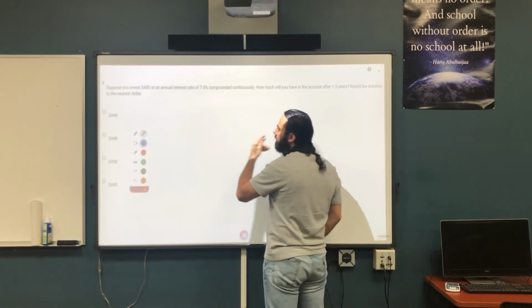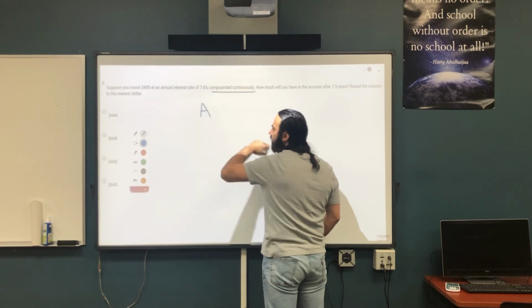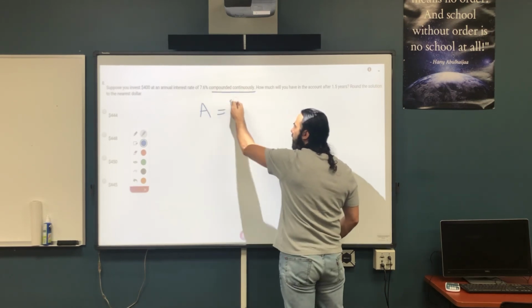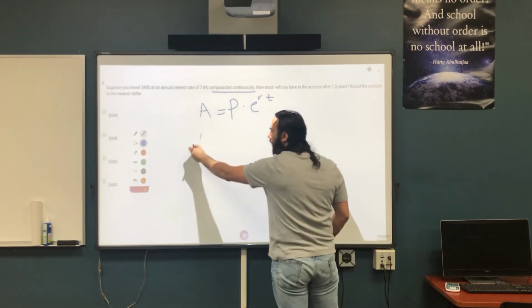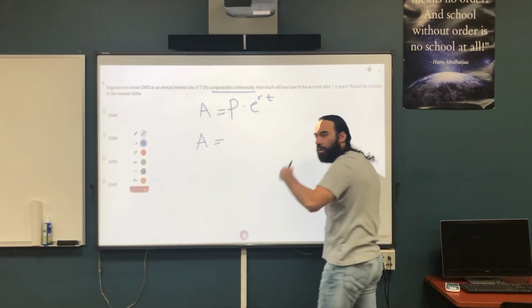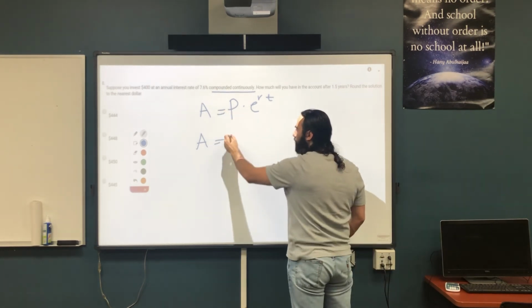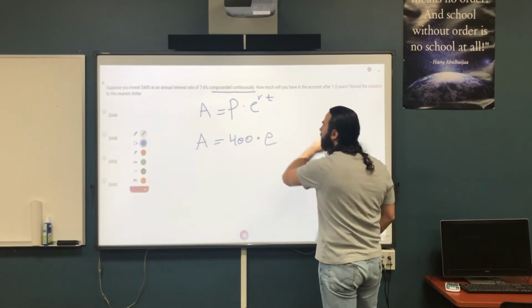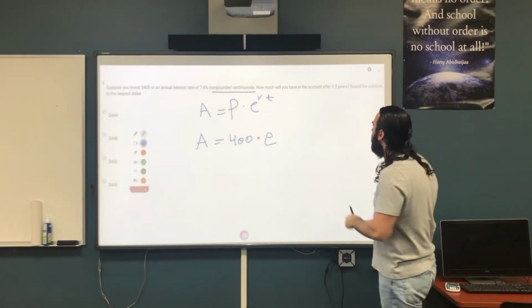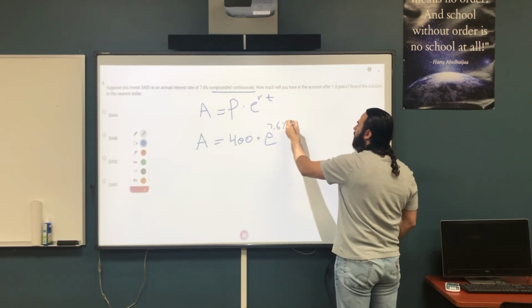So it means the same thing, guys. When you have compounding continuously, you use this formula: A equals P times e to the power of rt. A is the amount, how much money we are going to have. P is the principal, which is $400 in this case. R is the rate, which is 7.6%, times t, how many years?